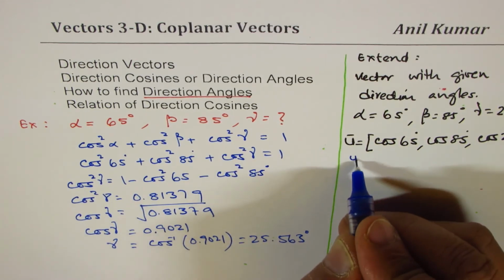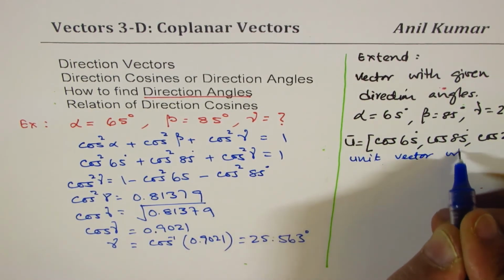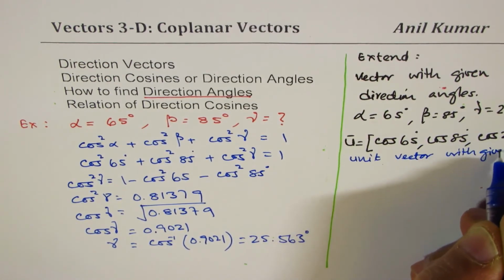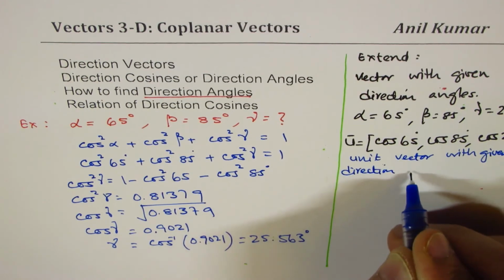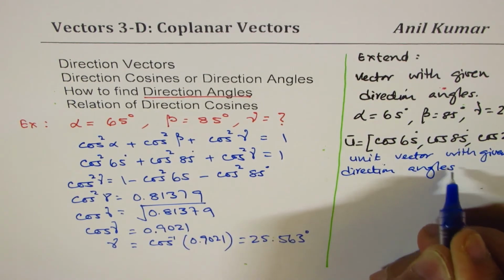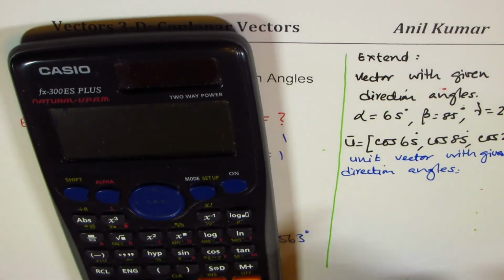That becomes a vector. In fact, this will be the unit vector with given direction angles. Correct? That's what we learned initially. So now you can use your calculator and write down approximate values.